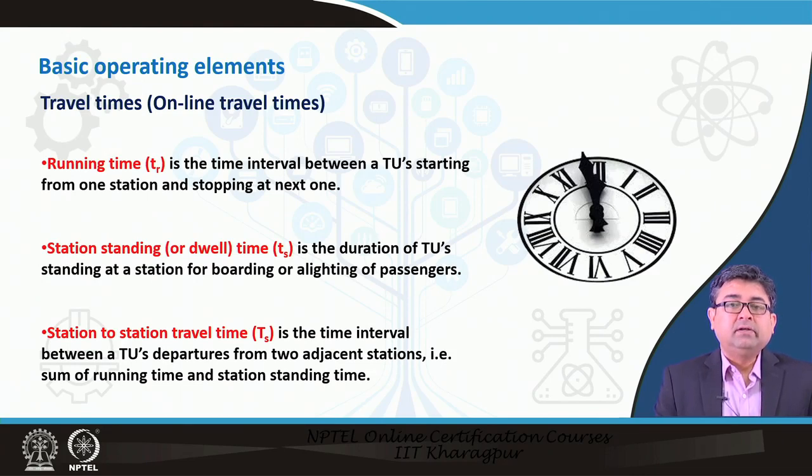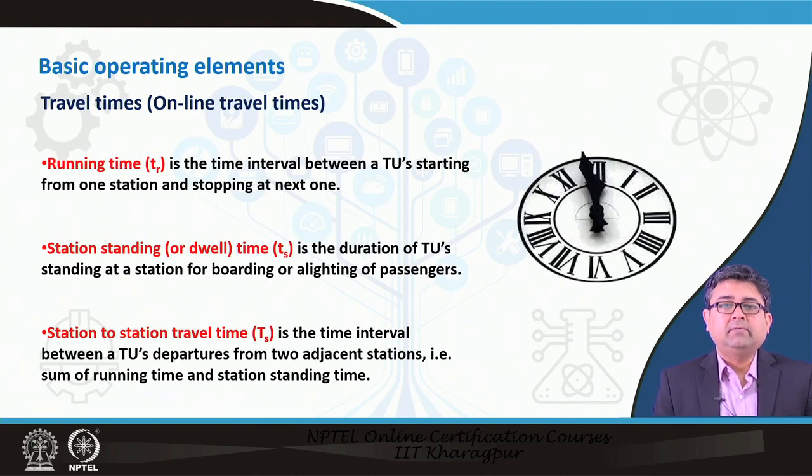Next, when we talk about station to station travel time, it is the time interval between a TU's departure from two adjacent stations. So, it is the summation of the running time and the station standing time. Station to station travel time not only includes the running time, but also the station standing time.